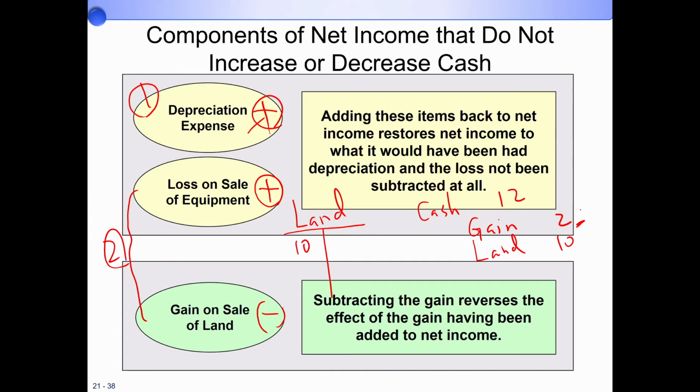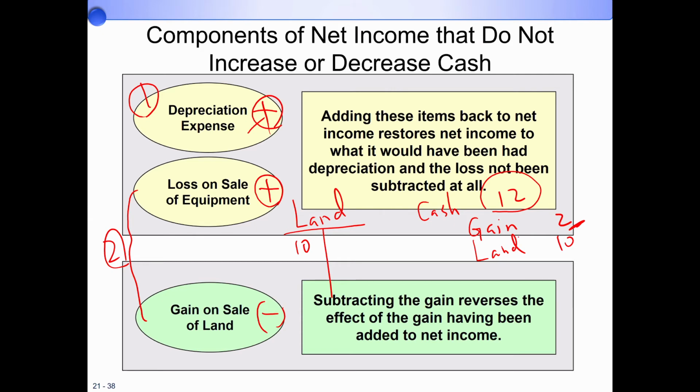Remember, the whole 12 million will be reported under investing activities. So for operating, there's no cash flow for this transaction. We didn't receive additional cash for operating, but the gain was added to get net income.